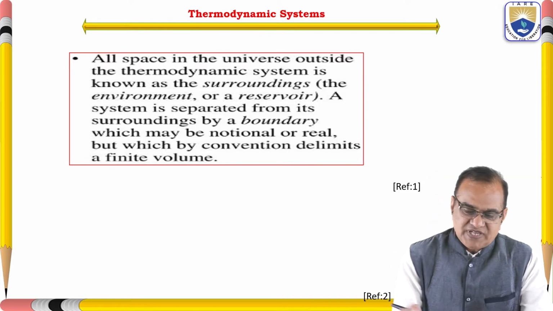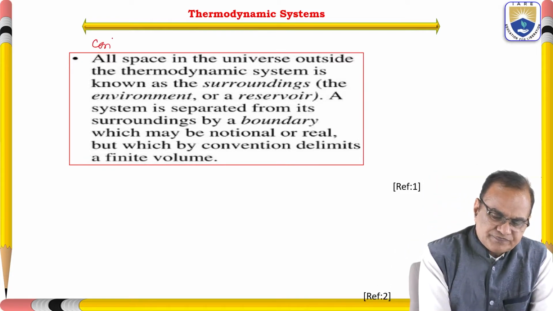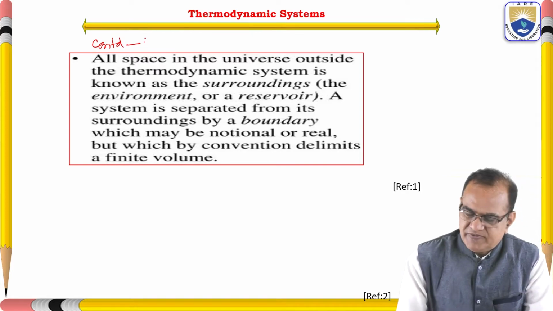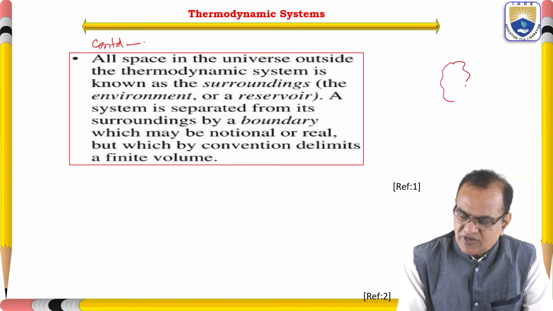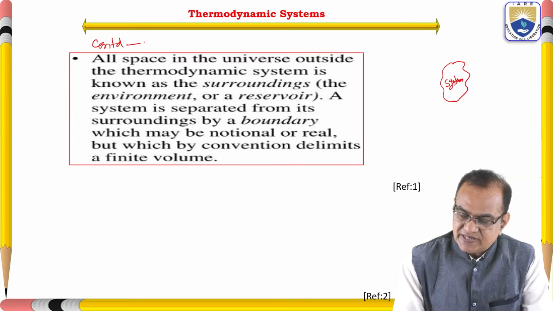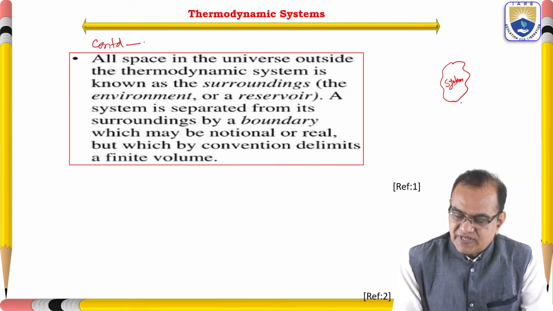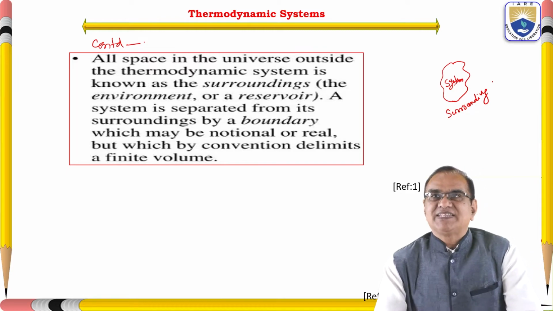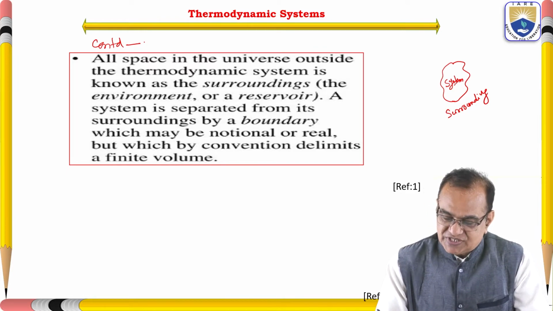So this is continued from the previous. This is the system we have discussed, and outside of the system is called the surrounding. So all space in the universe outside of the system.